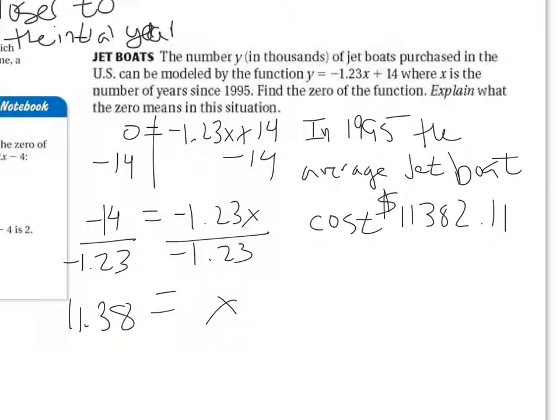How'd I get that? Well, I didn't round yet because I went back to the calculator. And how'd I get the 11,000? Well, see how this says in thousands of dollars? That means you need to take this number times 1,000. Okay? All right, we'll see you guys in class.